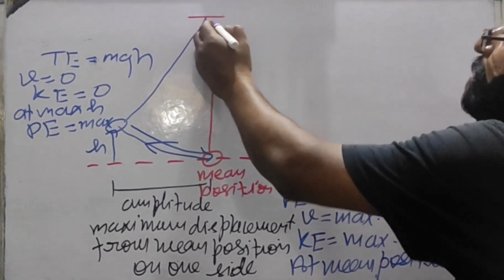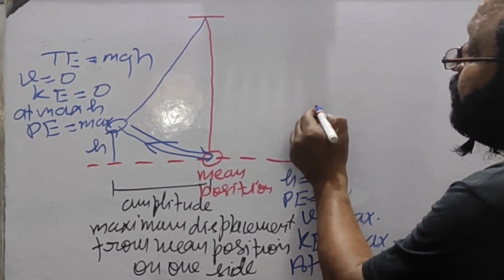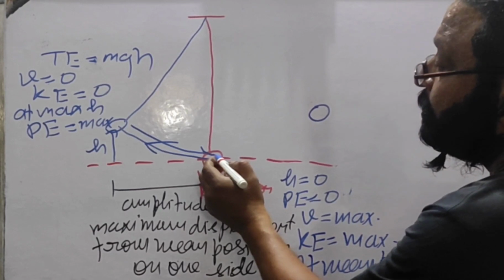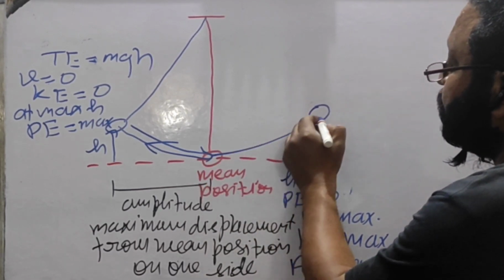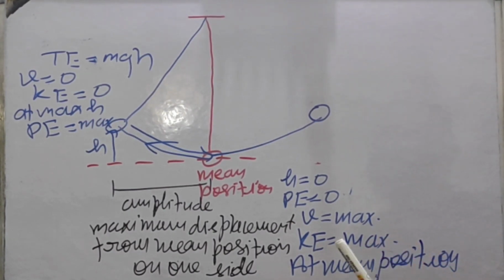Again, when it goes from here to here, this is the horizontal line, right?